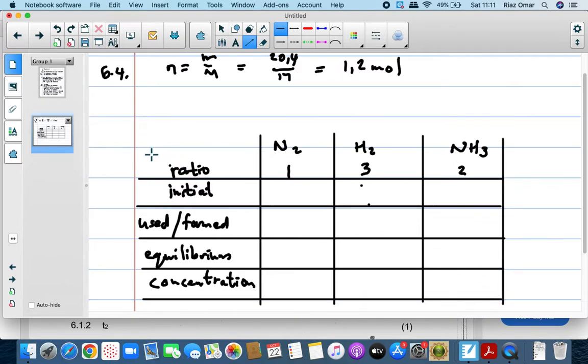Okay, so we can use this to work out our system. Okay, I'm going to leave it at that.